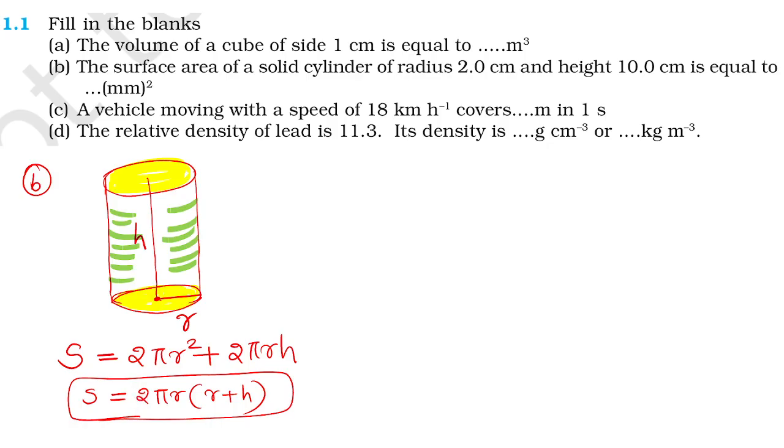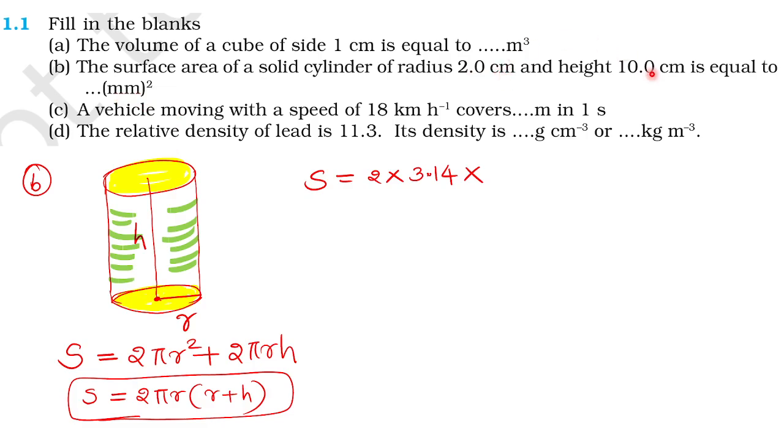Let me substitute the values. Pi is 22 by 7 or 3.14. Radius is 2 centimeter. I need the answer in millimeter square.